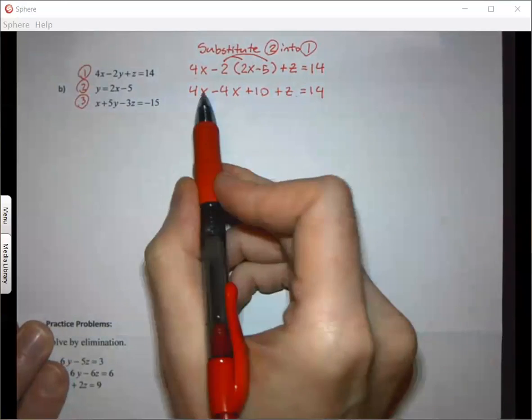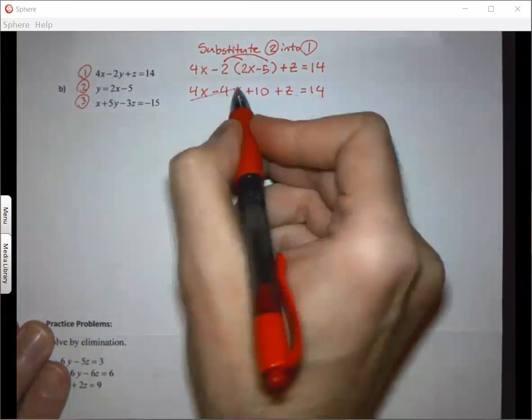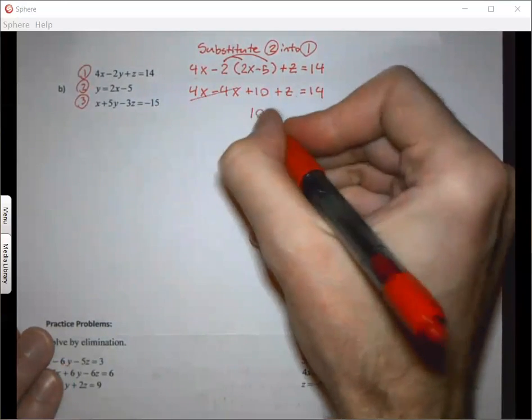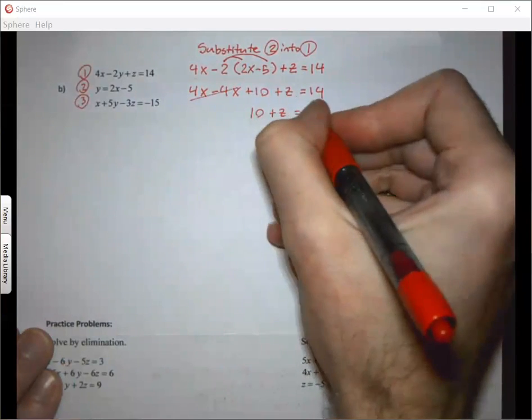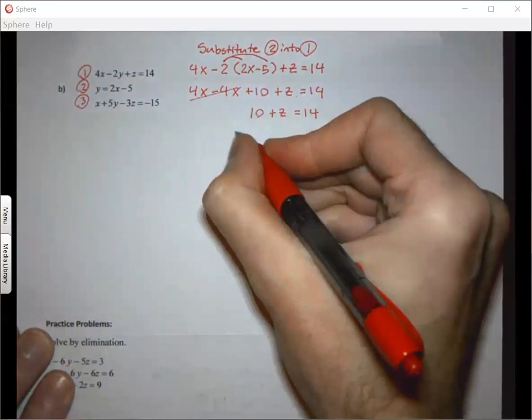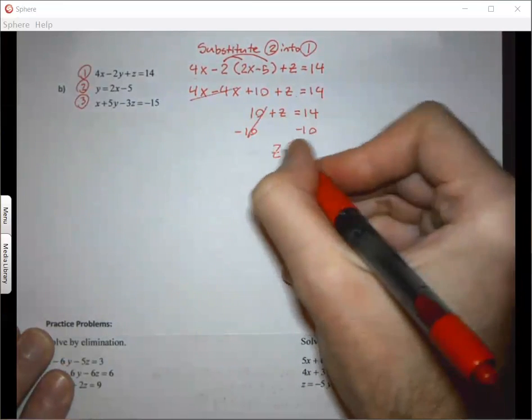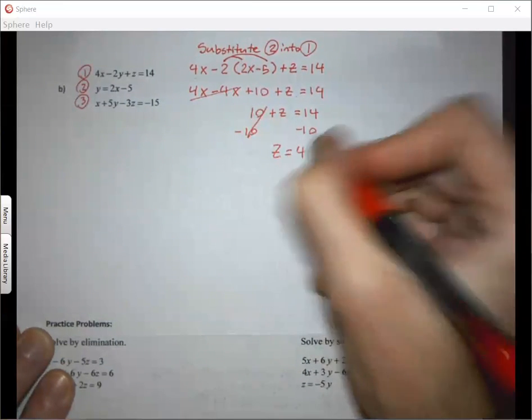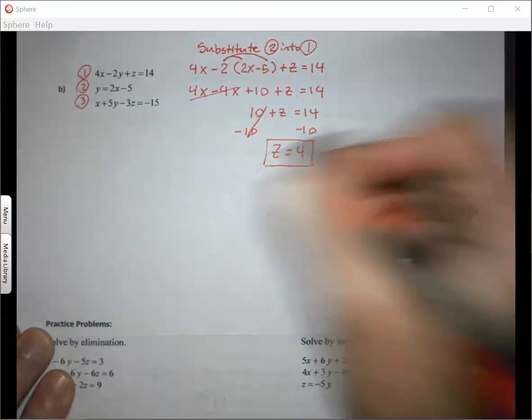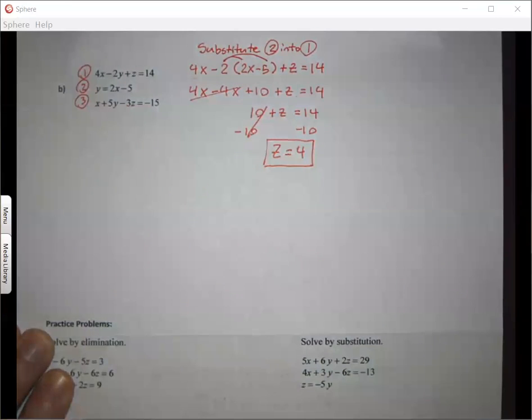Combine like terms. 4x minus 4x is 0. Take away 10 from both sides. z is 4. This won't always happen. This worked out nicely. Sometimes you will end up with an equation in two variables.